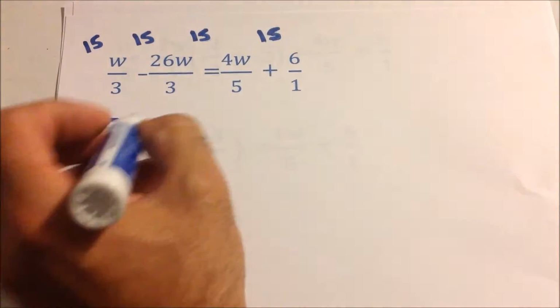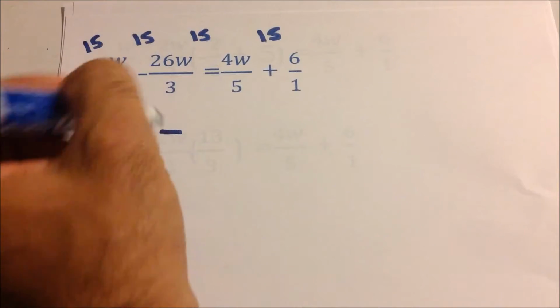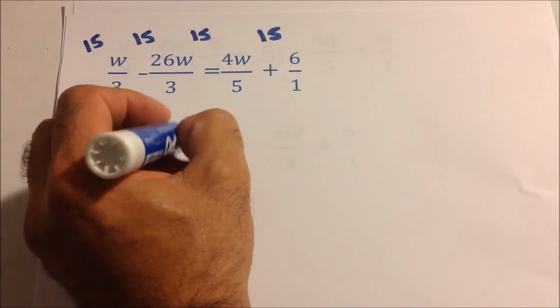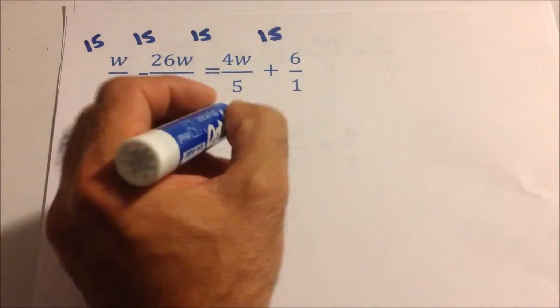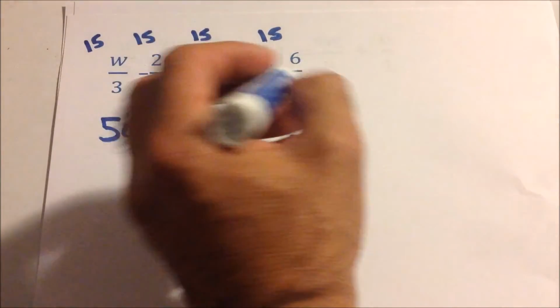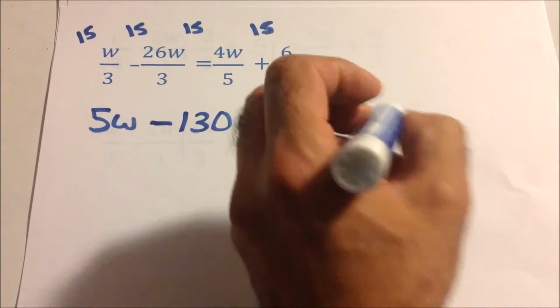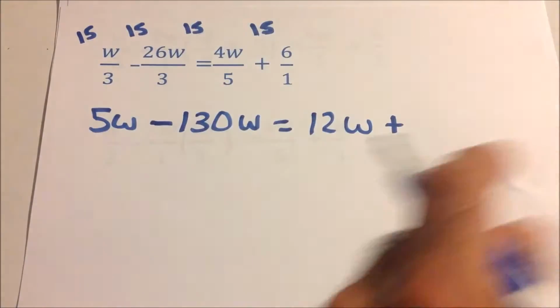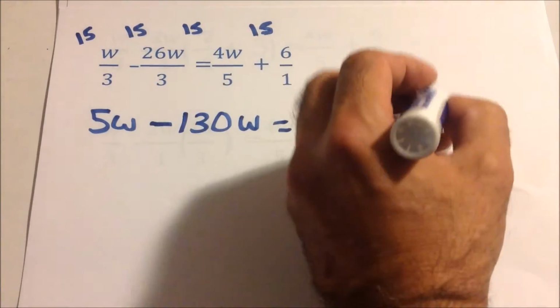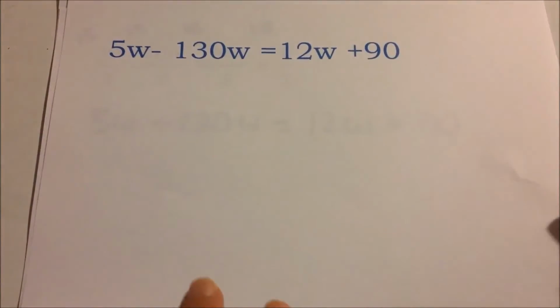We have a minus here, remember. 3 goes into 15 5 times, and 5 times 26 is 130, so it'll be 130w. Then 5 goes into 15 3 times, and 3 times 4 is 12w. And 1 goes into 15 15 times, and 15 times 6 is 90. So clean that up, we'll get this.